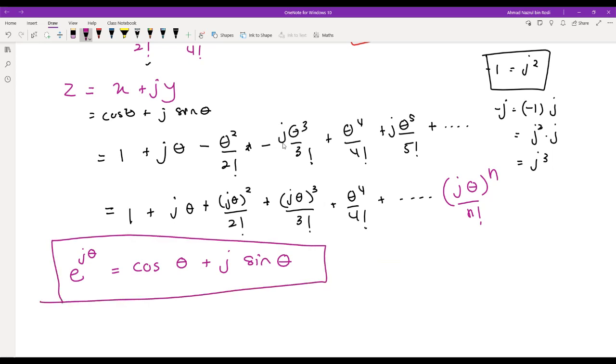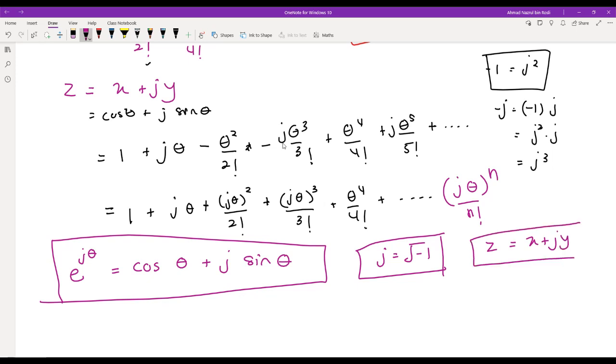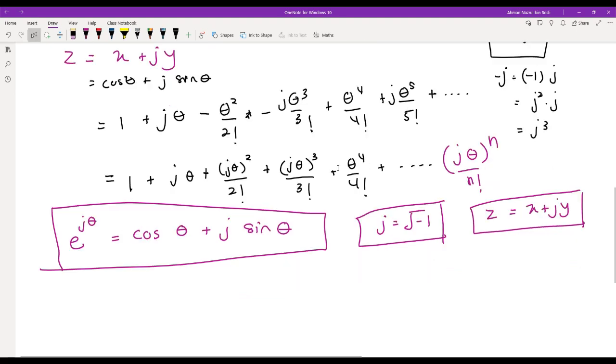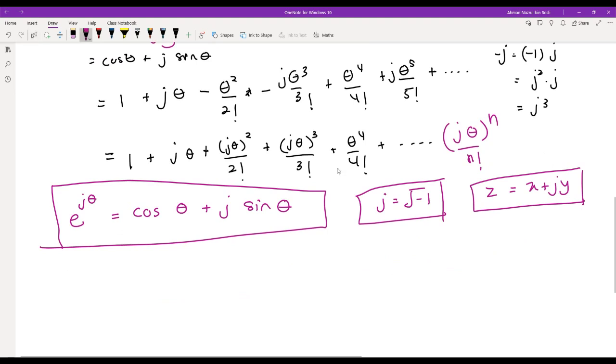Another one: j is equal to square root of minus 1, you need to remember. And another one will be z equal to x plus jy. So here exponential j theta is equal to cos theta plus j sin theta, and this is what we call the Euler relation.